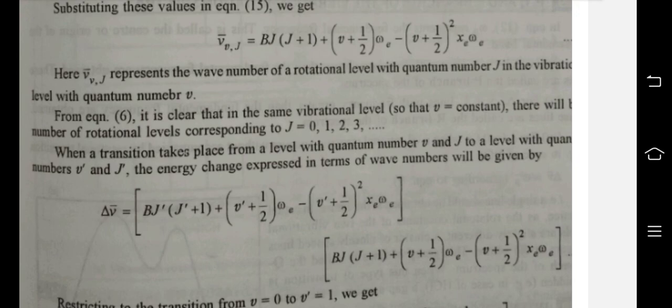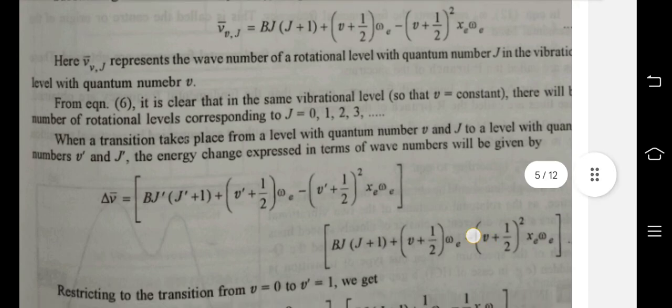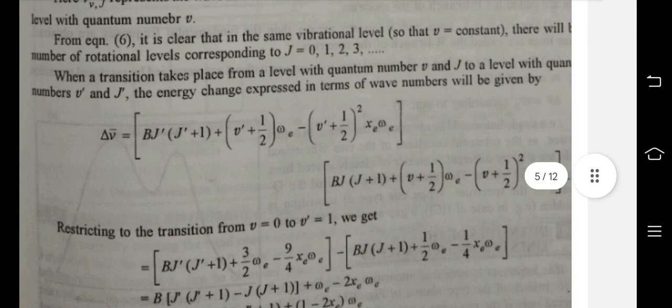From equation 6, it is clear that in the same vibrational level there will be a number of rotational levels corresponding to J = 1, 2, 3 and so on.